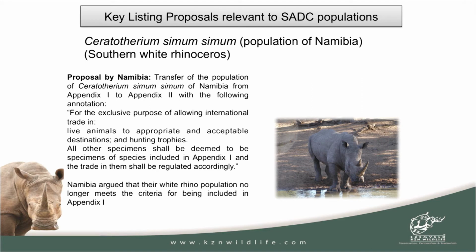Essentially, that's proposing to put their population on the same status as South Africa and Swaziland. Namibia argued that their white rhino population no longer meets the criteria for being included in Appendix 1.